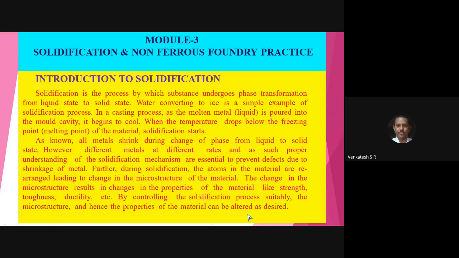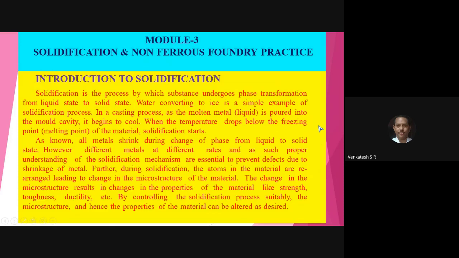Suppose I have a question in the examination: define solidification. You write this much. It is the transformation of a liquid phase to solid phase, or change from liquid state to solid state. And you can change the microstructure of the metal by controlling the solidification process.